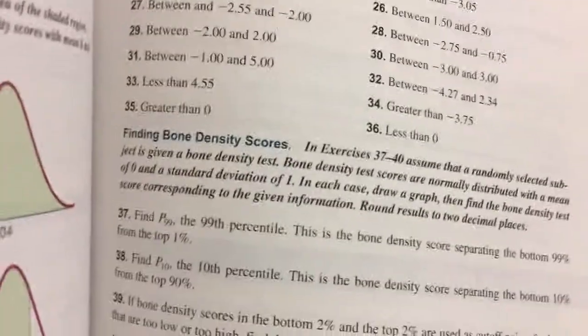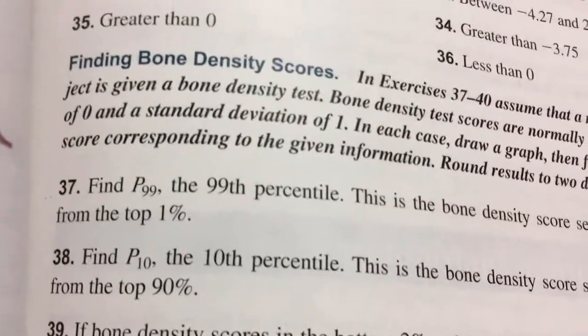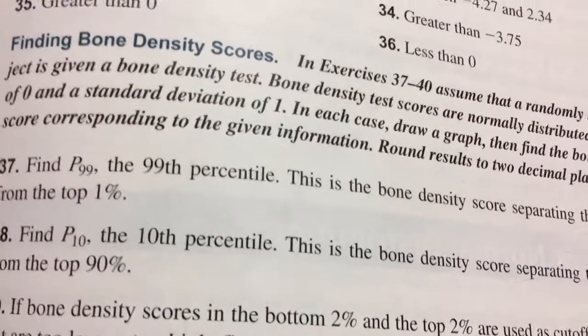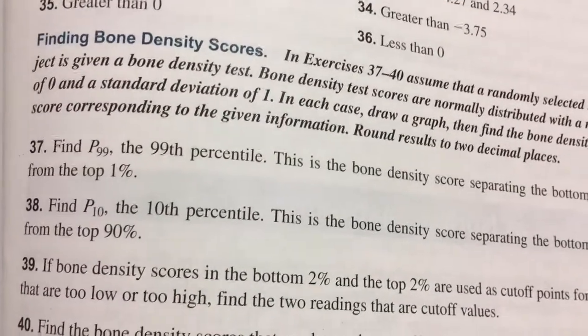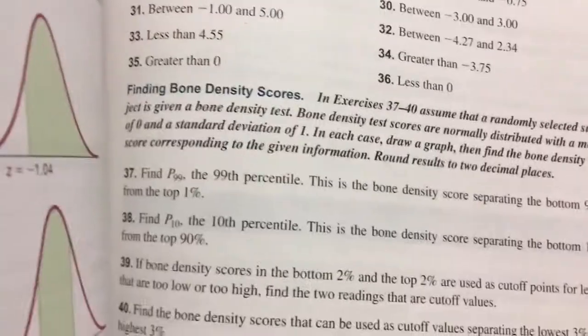Okay, so in 37, it says find P99, which is your 99th percentile. This is the bone density score separating the bottom 99% from the top 1%. So this is going to be far to the right of your area table.